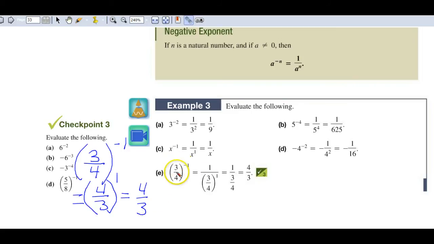So anytime you have something that's just to a -1, flip it and it's to a +1, which is just the reciprocal of the number.